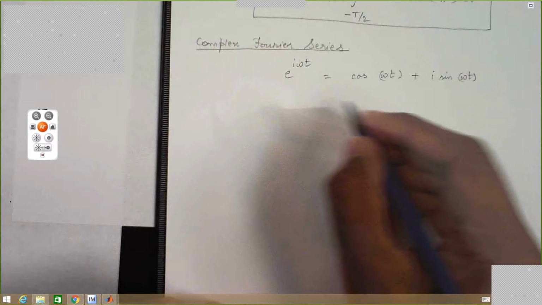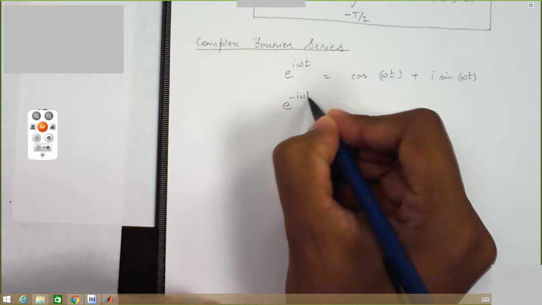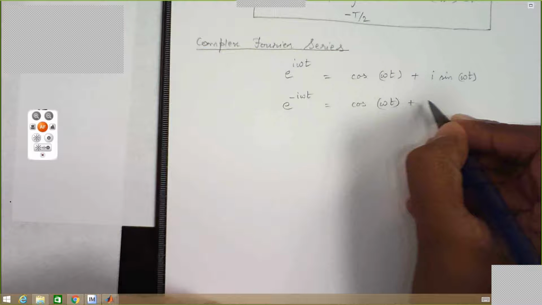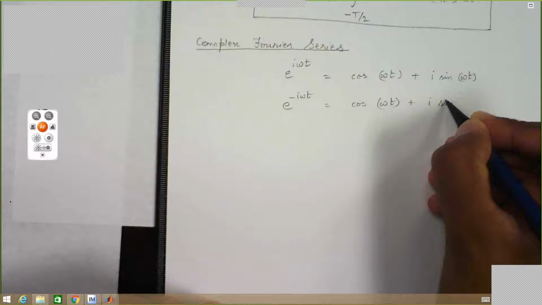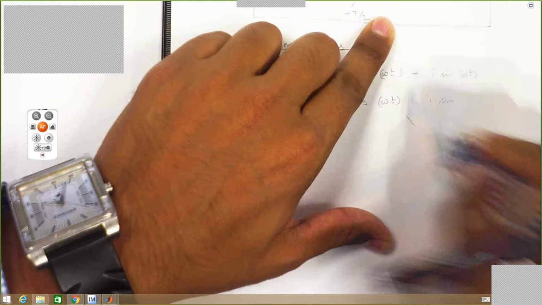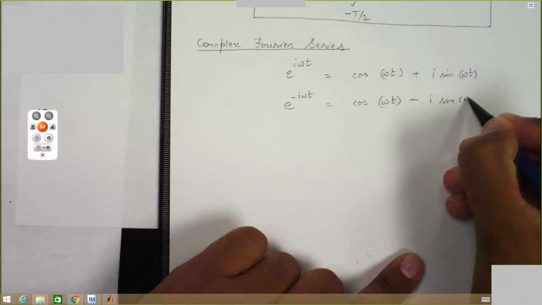And similarly, e to the power minus i omega t is cosine of omega t minus i sine of omega t.